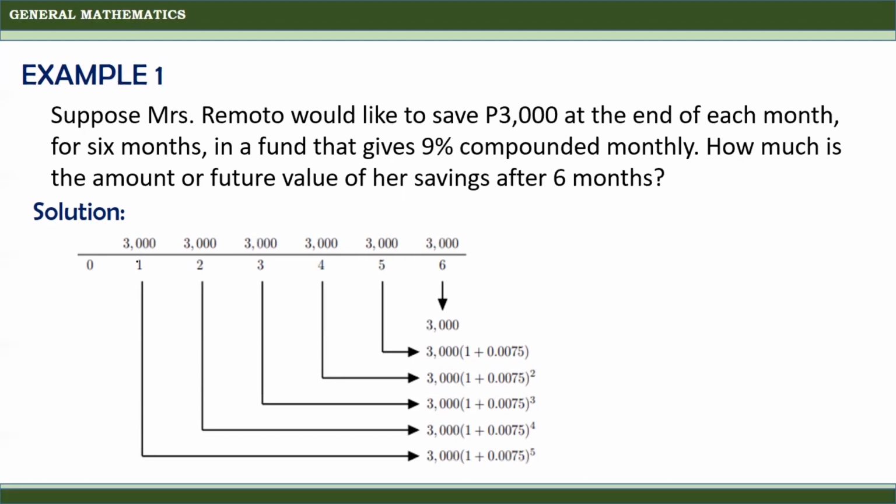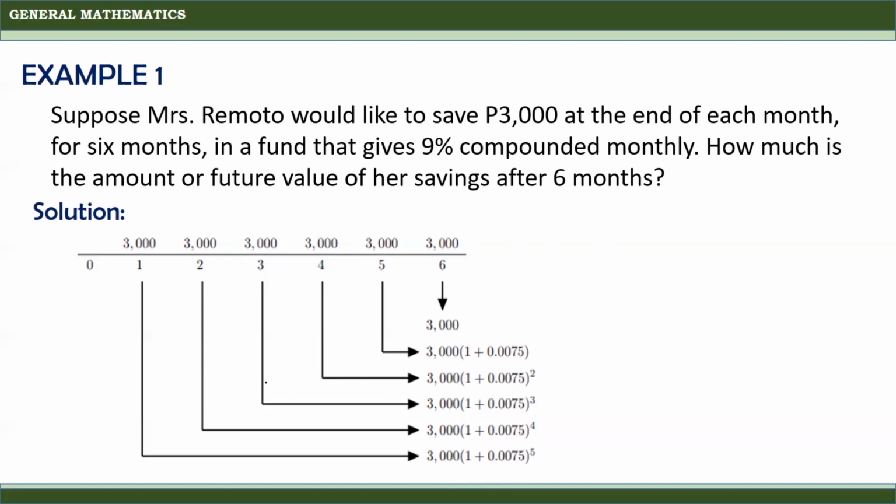Therefore, for the first payment, notice that the value of the payment will become 3,000 times (1 plus 0.0075) raised to 5. The second payment will amount to 3,000 times (1 plus 0.0075) raised to 4.